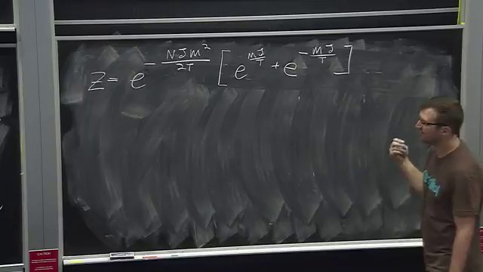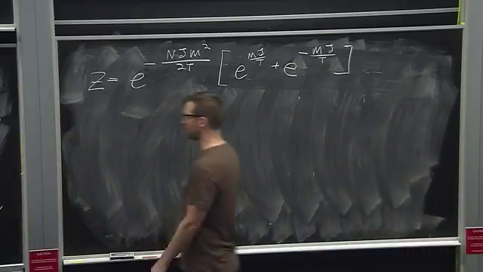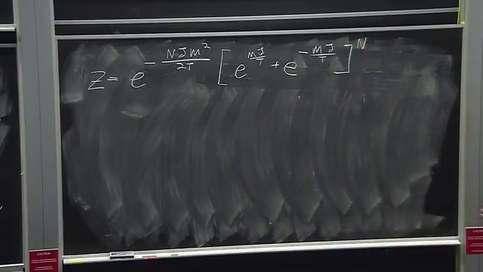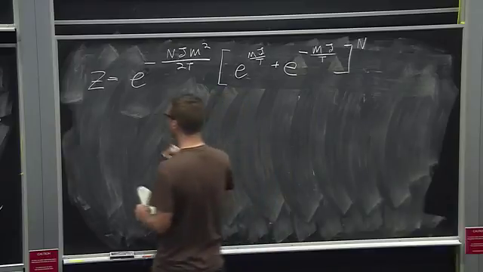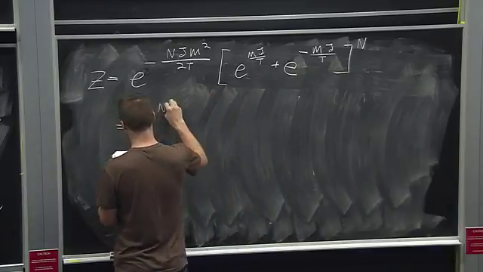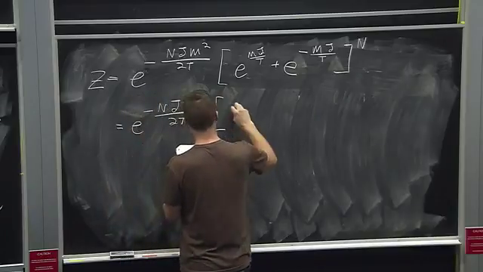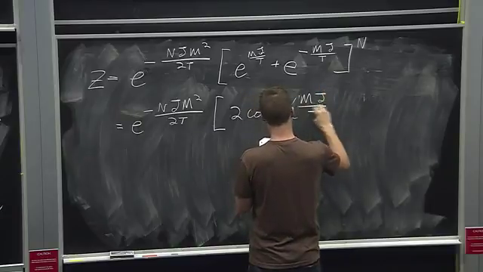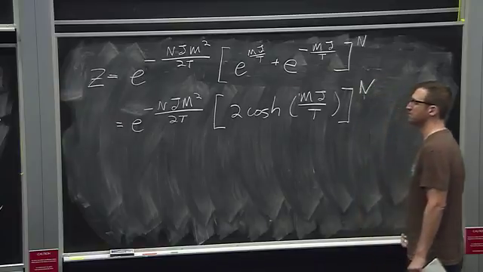And each one of these that you're multiplying together is the same. It's raised to the power n. So that's your partition function. This is a hyperbolic cosine, all raised to the n.